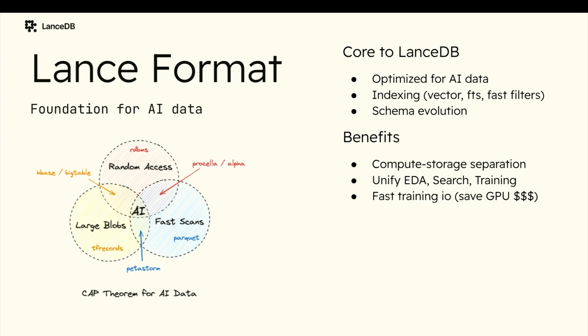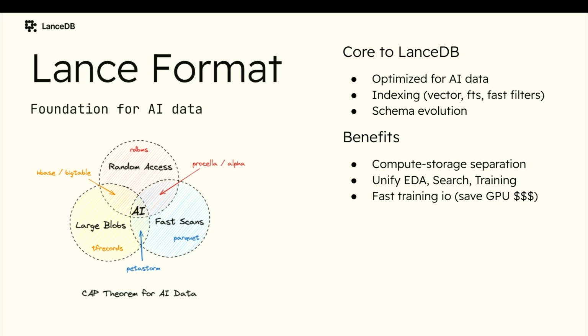Not only that, the Lance Format also comes with an indexing subsystem. We can use that to speed up filters even more. And then we also build lots of different types of vector indexing to support fast vector search. And lastly, the Lance Format gives us a way to do schema evolution.